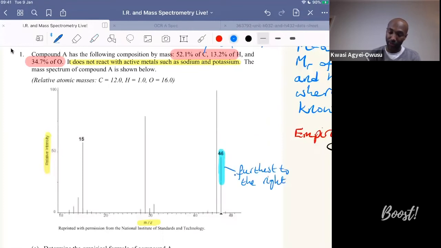It's also the largest M over Z. Okay, and this peak is significant because it tells us the mass of the molecular ion.